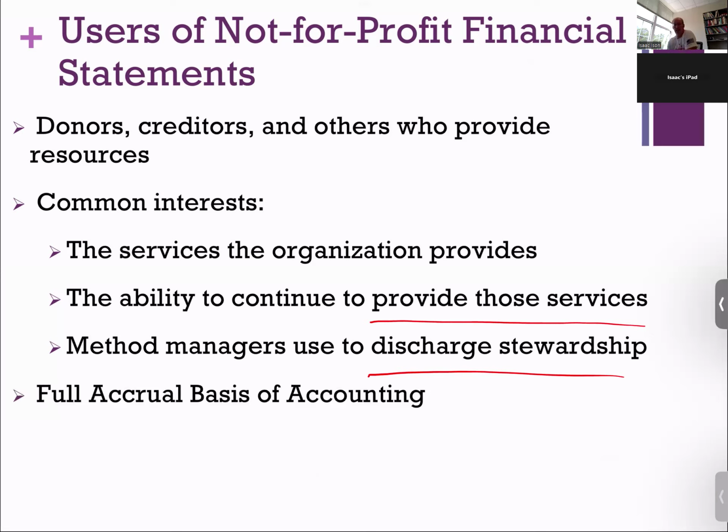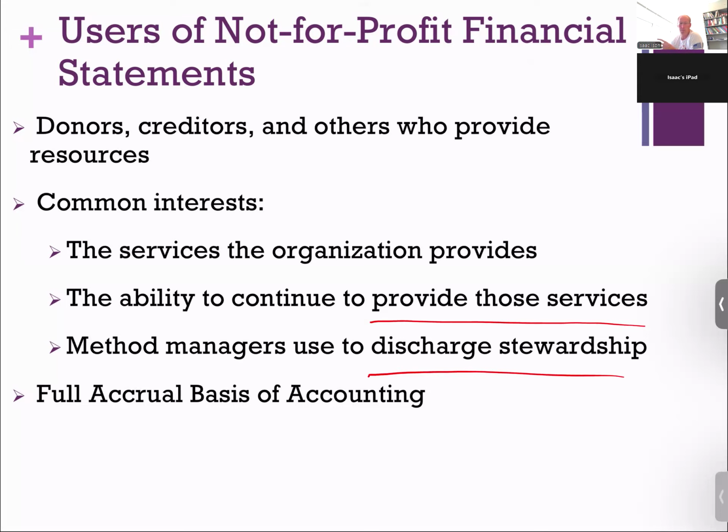Okay. Not-for-profit accounting uses full accrual basis accounting. And so you'll see, if you haven't studied governmental accounting, there are certain funds in governmental accounting that use modified accrual basis accounting. So full accrual accounting is the same basis of accounting that you've learned in all of your previous financial accounting classes.